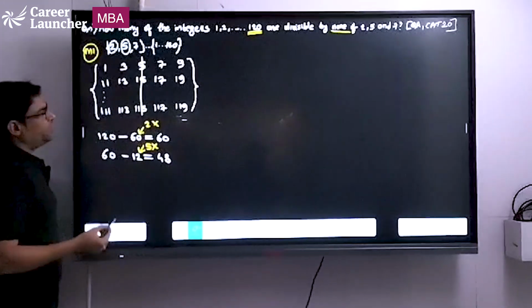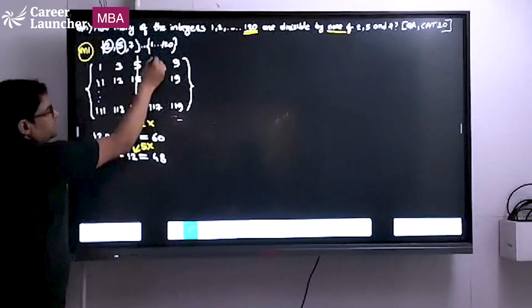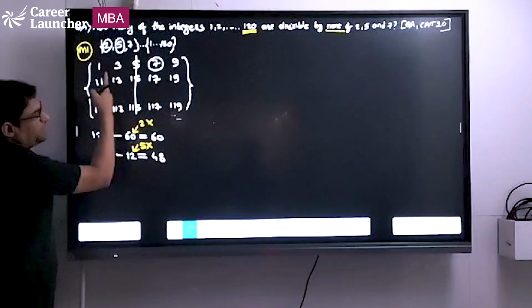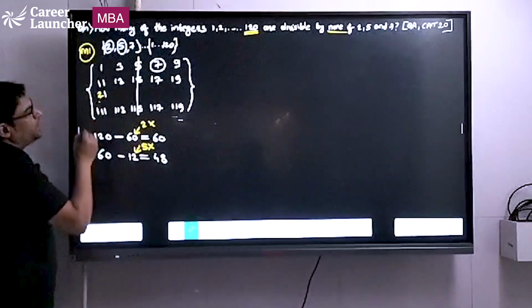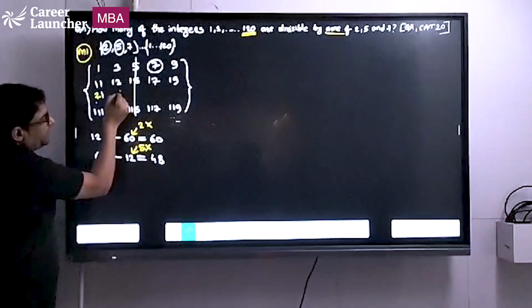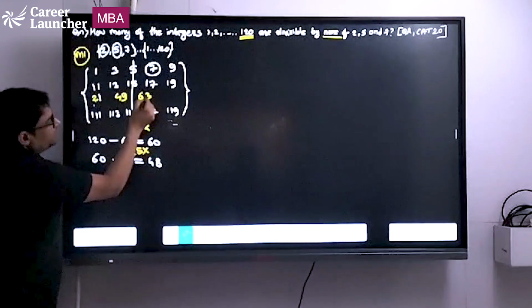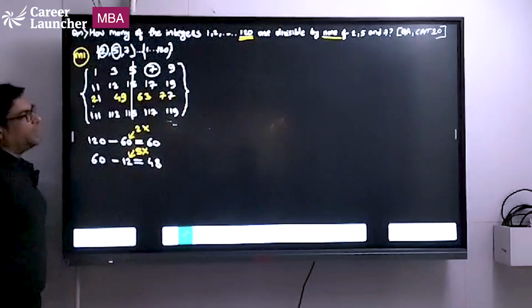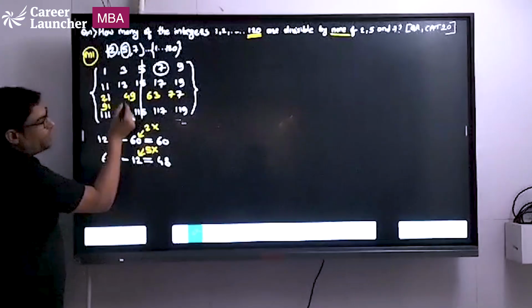Now I have to remove multiples of 7. So I will check which of these numbers are multiples of 7. Even multiples of 7 I have already removed, that is 14. So: 7, then 21, this has to be removed, 35, 49, 63, 77, 91, 105.